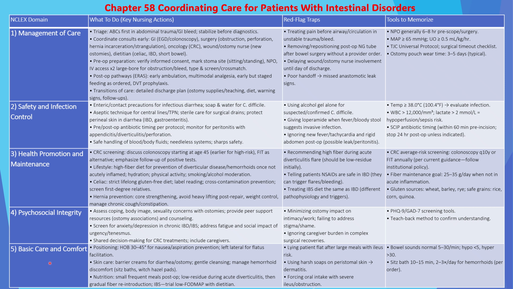So, basic care and comfort. Let's read this little bit together. I know it's small because the table has a lot of information in it. Basic care and comfort was 9% of the NCLEX. Positioning: head of bed 30 to 45 degrees for nausea and aspiration prevention, and this is for a patient in the hospital or at home.